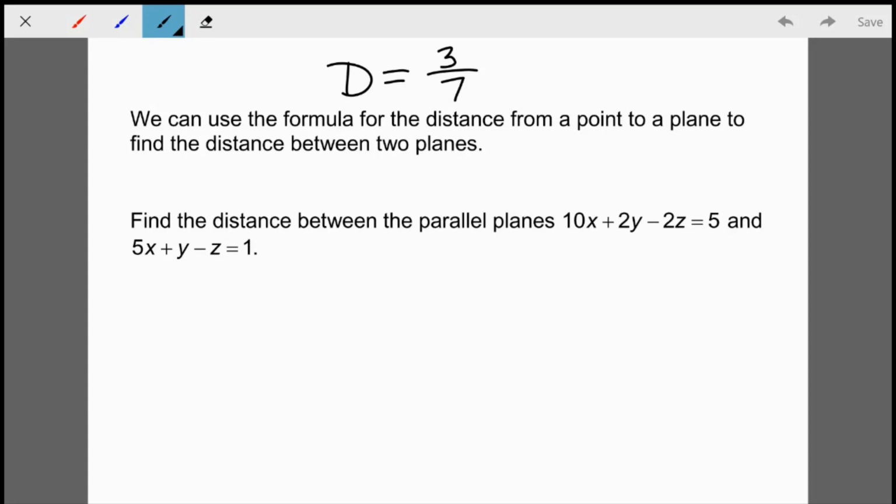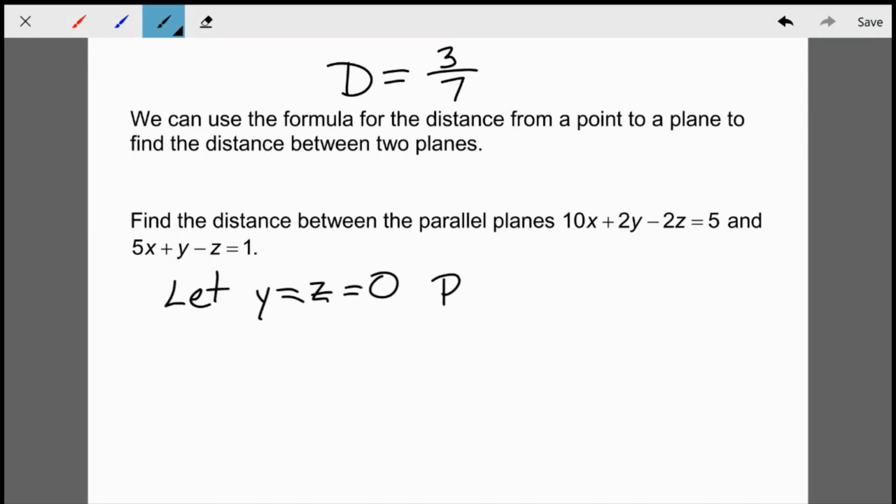Okay, so what I've got to do here is figure out a point that I'm going to use, because I want to use that distance formula that we just had. Well, I'm going to choose, again, something really easy, like we did on that problem a little while ago, where we said, let's just let z equal to 0. Well, this time I'm going to say, let's just let y and z be equal to 0. So y and z this time are 0. And I'm going to use this first plane.